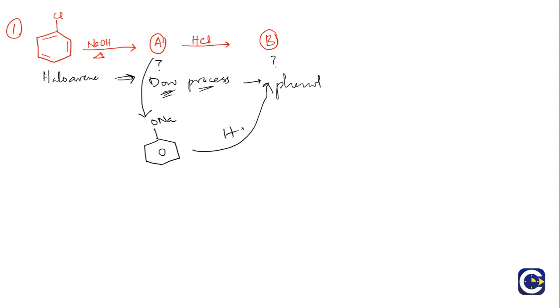Okay, with acidification we'll be forming the sodium chloride, and this proton will be attached to the oxygen, and the final product, that is product B of the reaction, will be a phenol. We'll be getting a phenol in this reaction. So this is the phenol that we get. Okay, so what we have to do is remember the substrate and the reagents that we use.